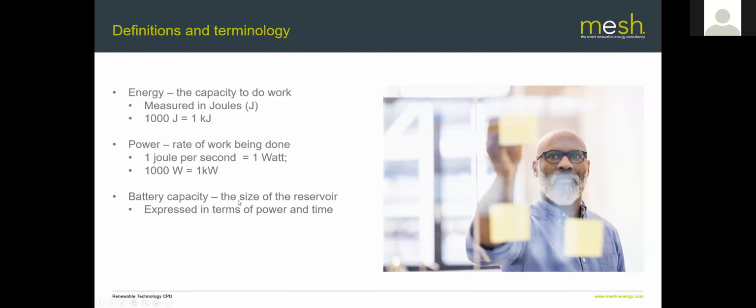Battery capacity, and this is where people quite often get confused, and the main reason why I put this into the presentation, is measured in terms of both power and time. Now, power is already a time dependent thing.